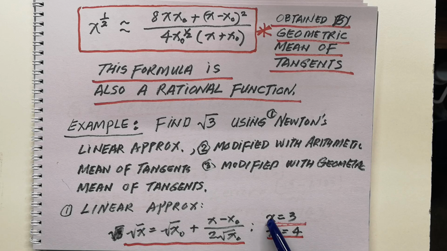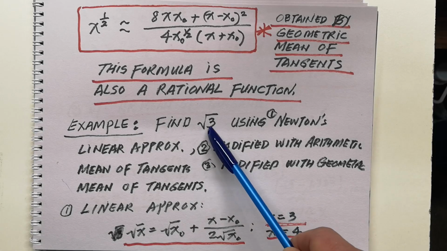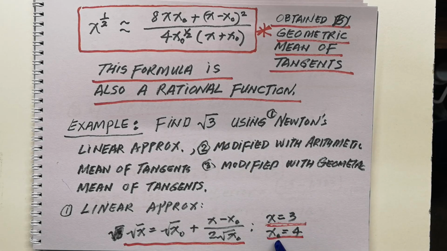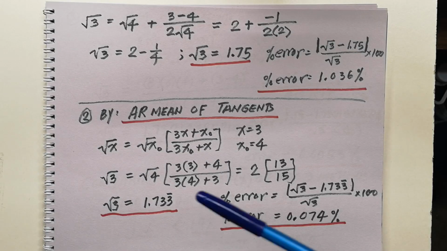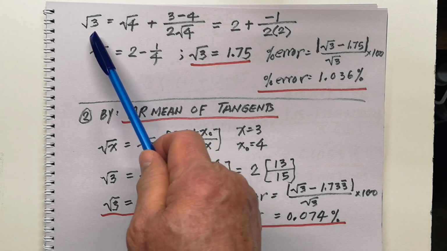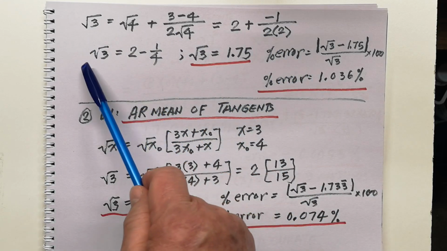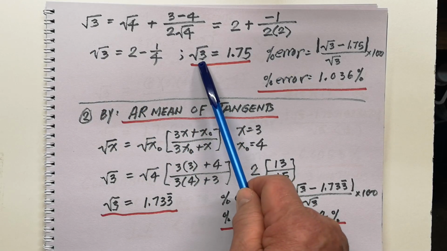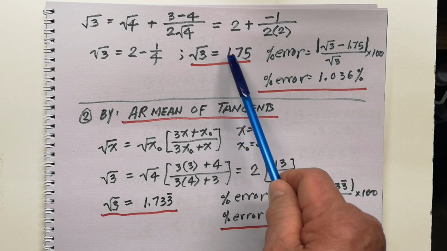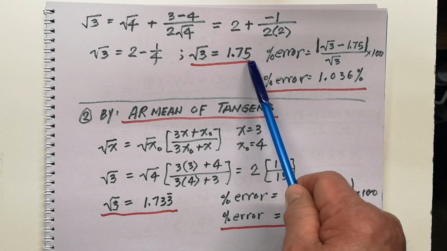With x equal to 3, that's what you're going to find. And your initial value will be set at xo equal to 4. With the linear approximation, therefore, square root of 3 is equal to this. And you're going to get square root of 3 approximately equal to 1.75.